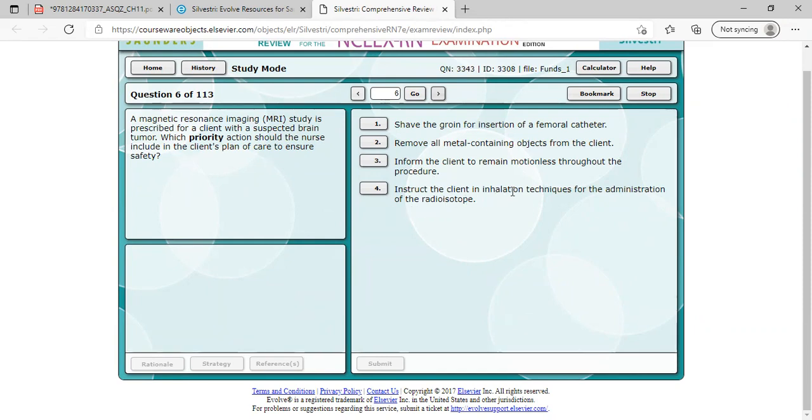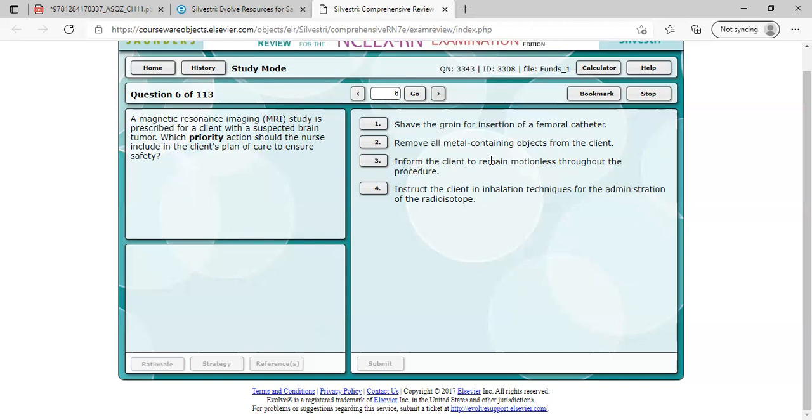Instruct the client in inhalation techniques for administration of the radioisotope. At least number 3 and number 4 are not answers about MRI. It is the radio frequency pulse in a magnetic field that covers the patient.